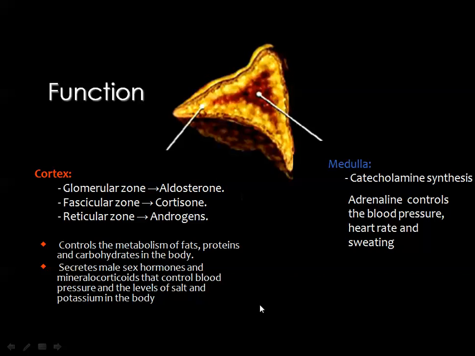The cortex has the function to secrete aldosterone, cortisone, and the androgens, while the medulla is concerned with the synthesis of catecholamines, especially adrenaline, which controls the blood pressure, the heart rate, as well as the sweat glands.